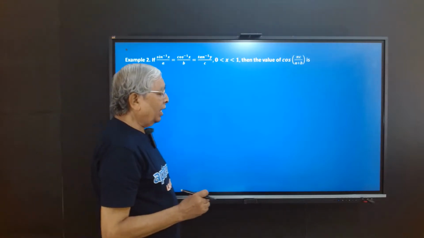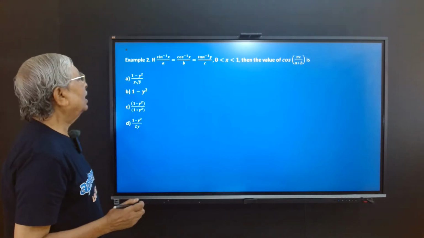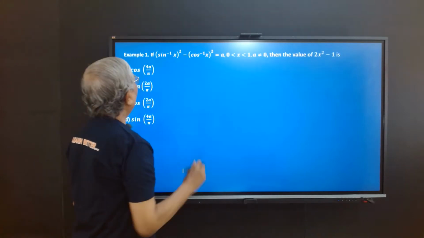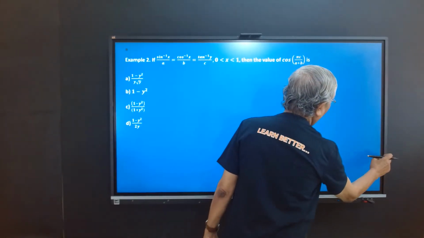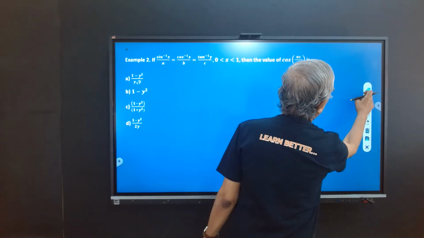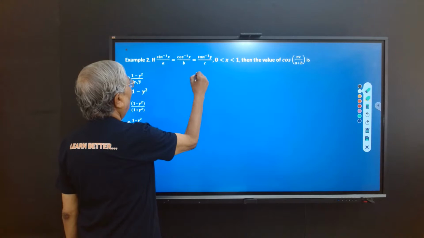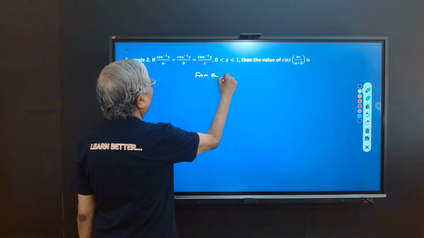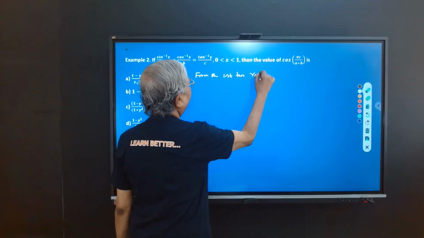So first, let us write sin inverse x by A, cos inverse x by B is equal to tan inverse y by C. Now, from the first two ratios, what do we get?